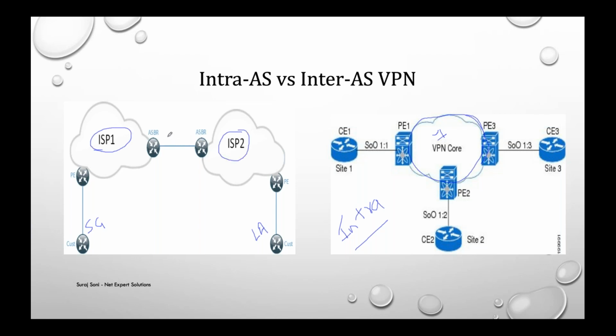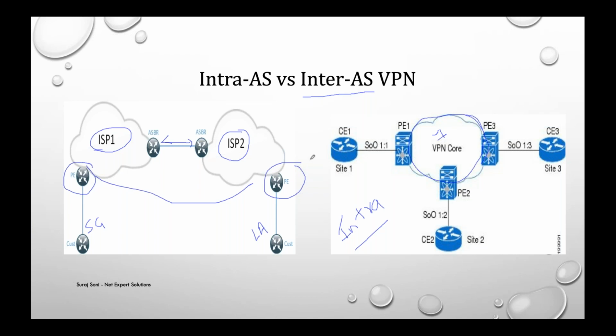They have a collaborated link between them. Now if I want to create an L3 VPN from here all the way till here, that is called inter AS L3 VPN. This is called inter AS MPLS L3 VPN, that is between two different AS. It is crossing the boundary of two different AS.